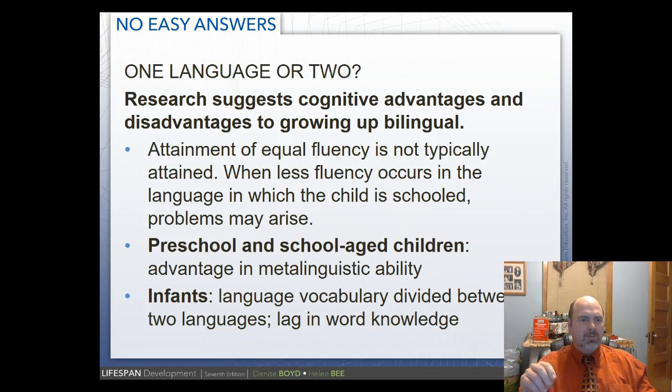For instance, I noticed when a child grows up in a Spanish-speaking home, but English is a language that's not spoken at home, when the language in which they are less fluent is the language they use at school, they're more at risk for learning problems, especially in vocabulary and in reading.